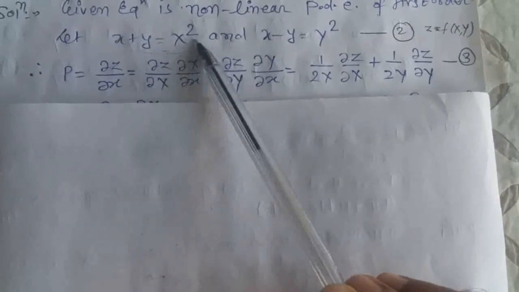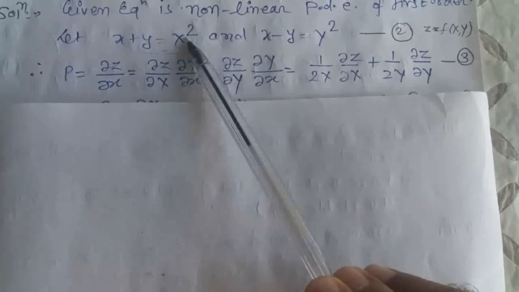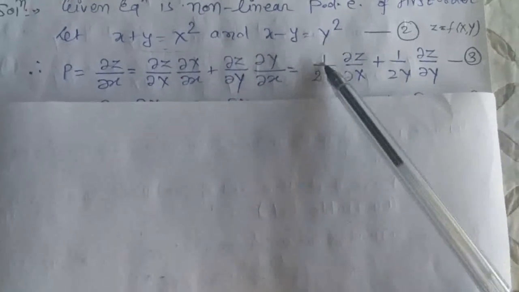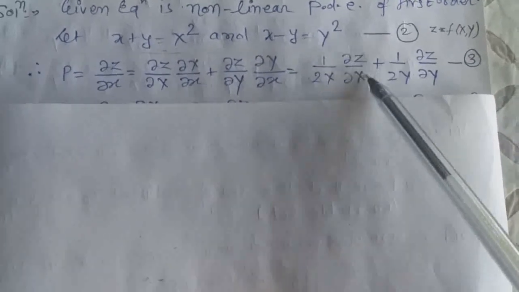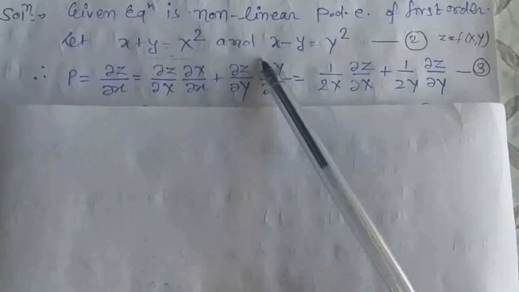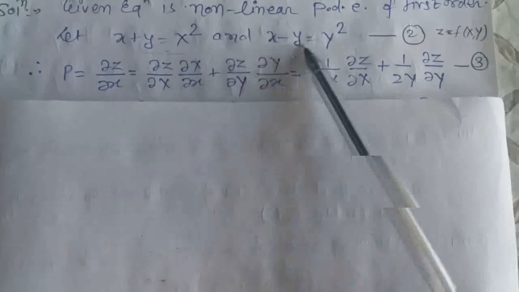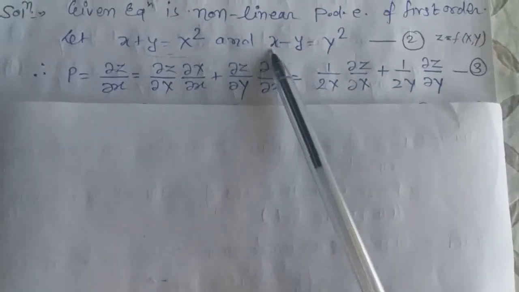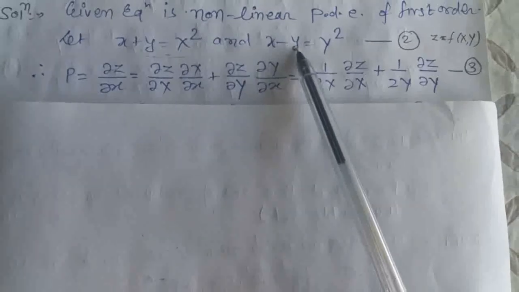So the value of del capital X by del small x we get is 1 upon 2 capital X. Similarly, the value of del capital Y by del x: from this relation, we differentiate with respect to x partially. So this is 1 minus this is 0.